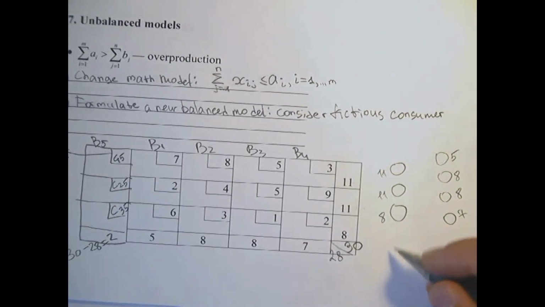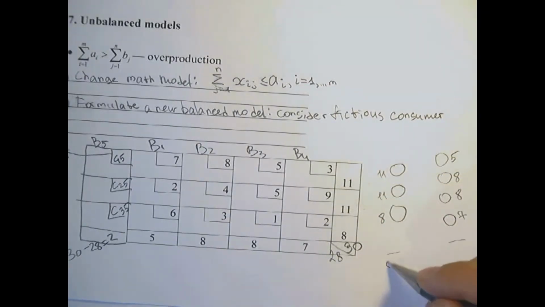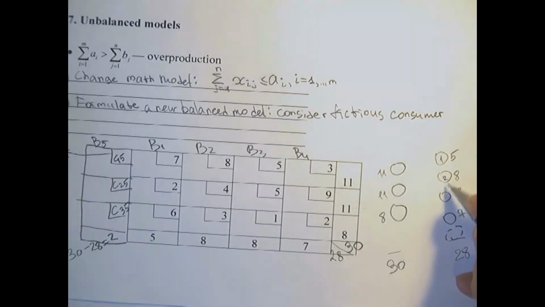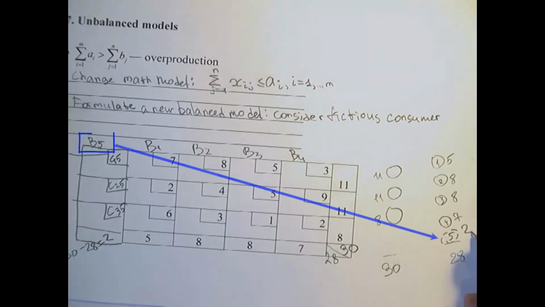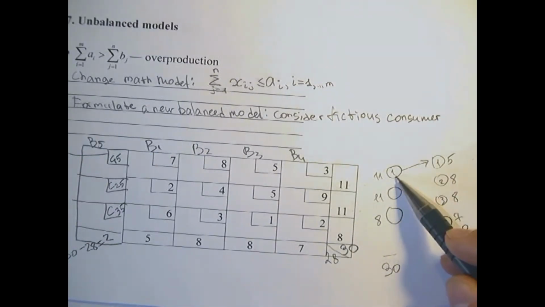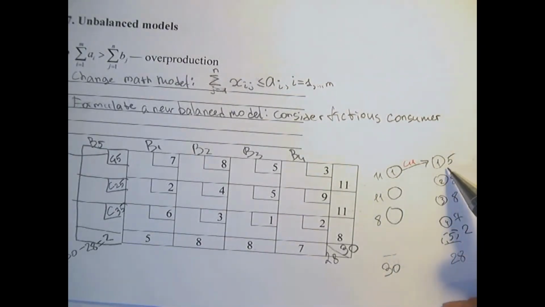And we may calculate the balance. 11 plus 11 plus 8 is 30, and 5 plus 8 plus 8 plus 7 is 28. So the problem is unbalanced, and we add a fictitious customer. It is customer number 5 with demand 2. For the first edge, c11 is the marginal transportation cost from the first supplier to the first customer.